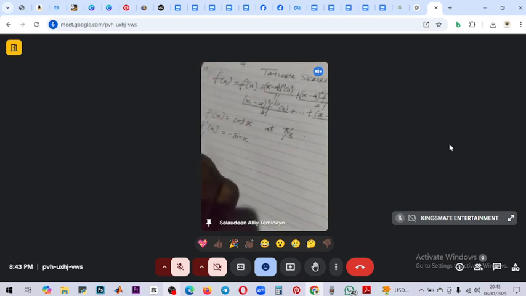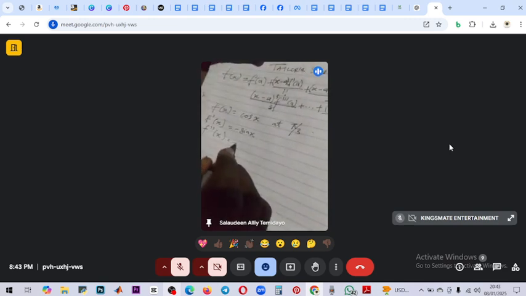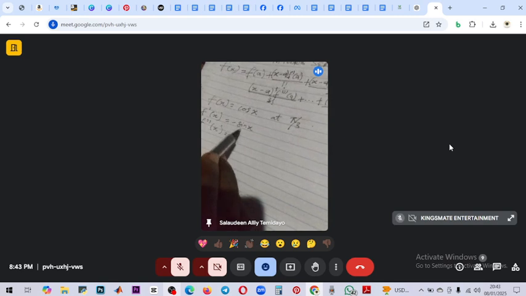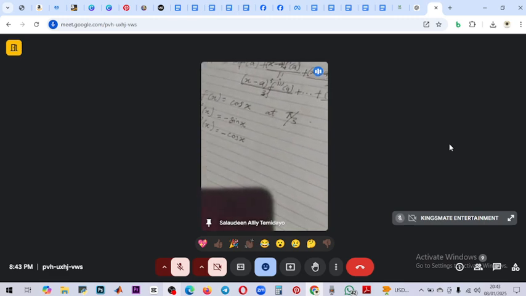So that means we've gotten f prime of x. Now, what is f double prime of x? That is going to be the derivative of minus sine x. That is minus, and the derivative of sine x itself is cosine x. So that is minus cosine x. This is the second derivative of f of x.